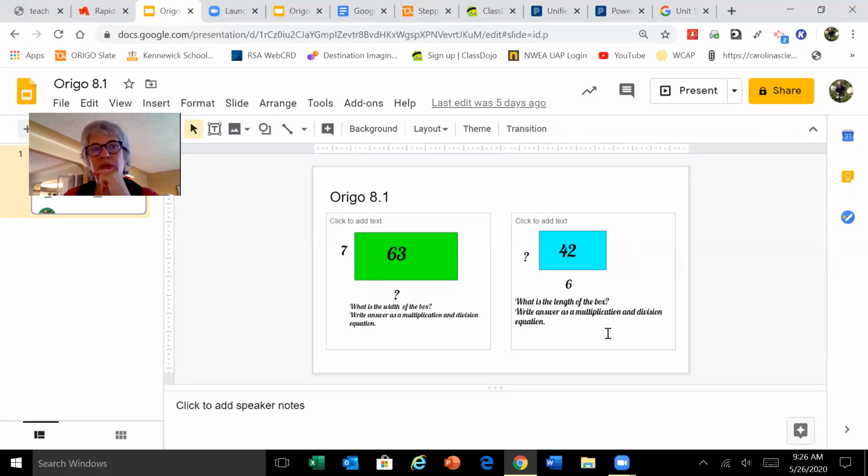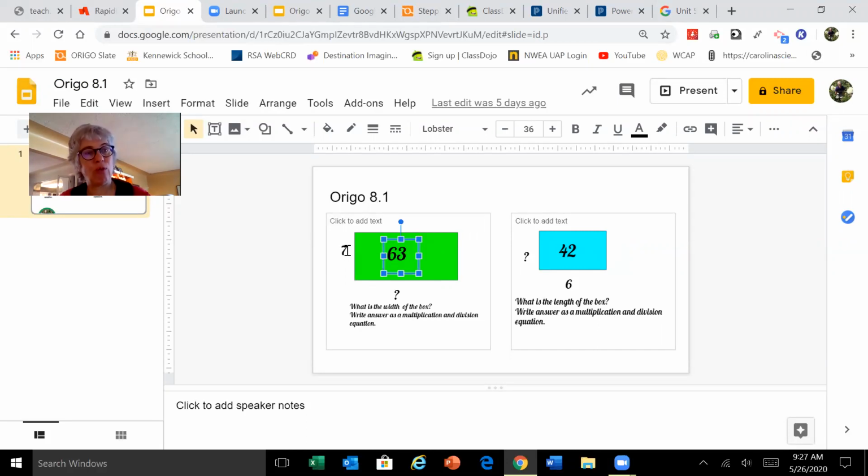Earlier in the school year, I taught you how to do area. So before, what we would do is length times width equals the area. But in this case, it's just a little bit different. We know the area and we know one of the sides. So we can solve this either through multiplication or division.